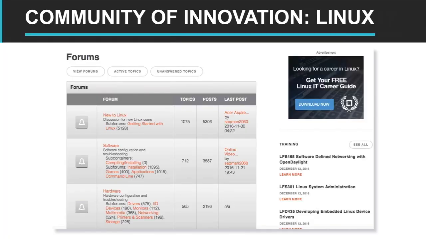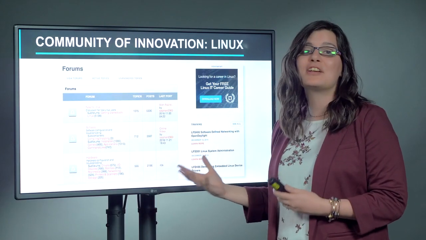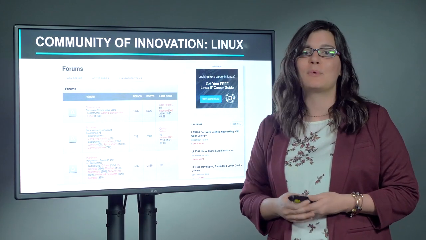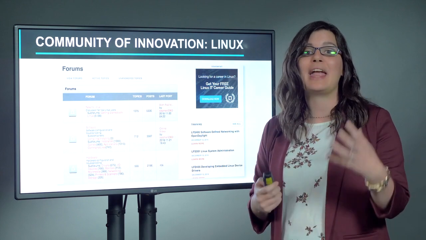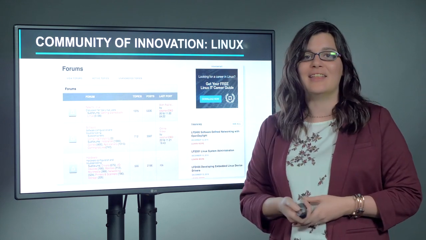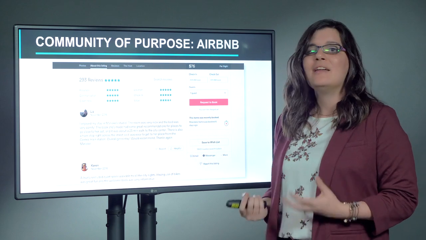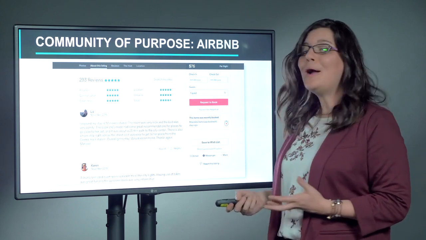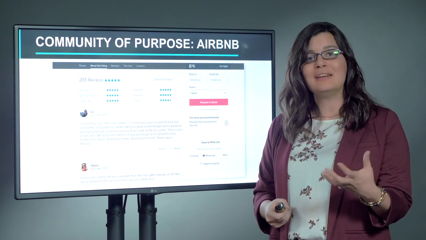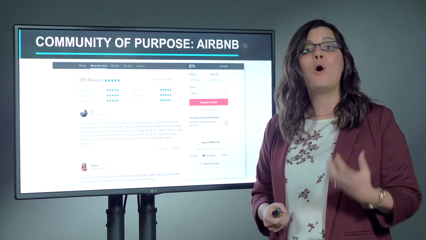Now let's look at an example of a community of innovation where the goal is creation. These are open source communities like Arch Linux, where people are gathering together to create something using Linux. Then we have communities of purpose. Now the goal with communities of purpose is support.